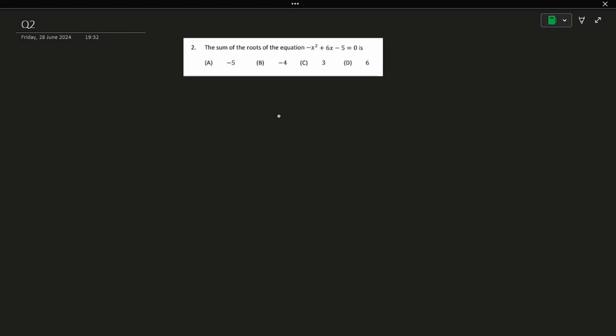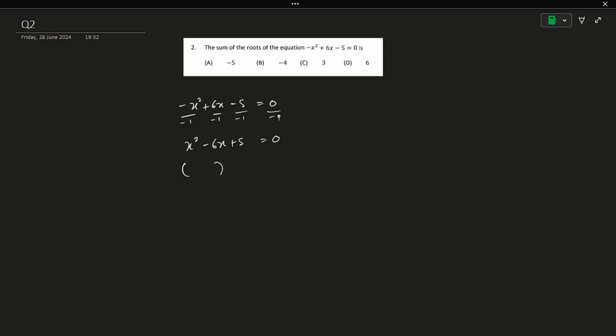It's a personal thing that I don't like to work with negatives in front of x squared, so we're going to divide everything by negative 1 to cancel the negative. We get x squared minus 6x plus 5 equal 0.